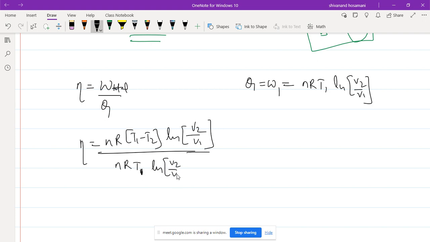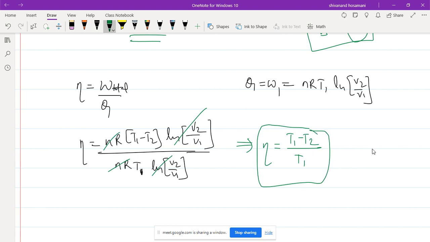So this cancels out, NR cancels out. What remains for efficiency is eta equal to (T1 minus T2) divided by T1. That is what the efficiency is actually given by. This is for any ideal gas, any ideal Carnot engine, equal to 1 minus T2 divided by T1. So this is the efficiency that can be calculated.